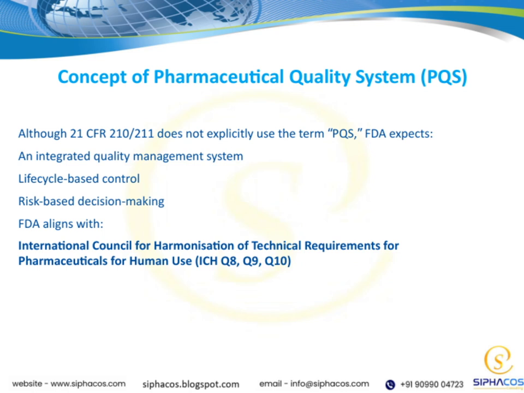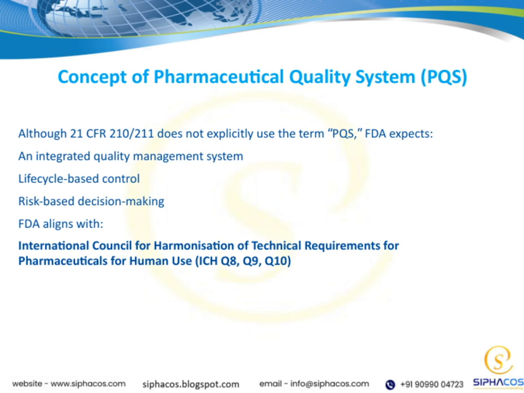It means having an integrated system that manages quality across all aspects of pharmaceutical production. This system is life-cycle-based, meaning it considers quality from the very beginning of product development all the way through manufacturing, distribution, and even post-market activities. It's about controlling quality throughout the entire product lifecycle.